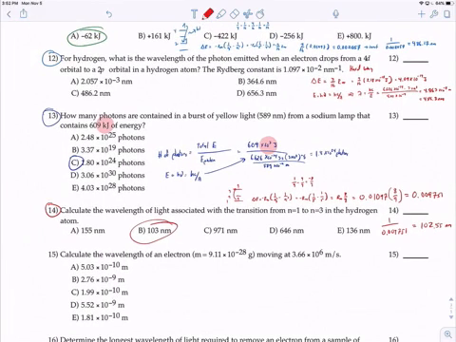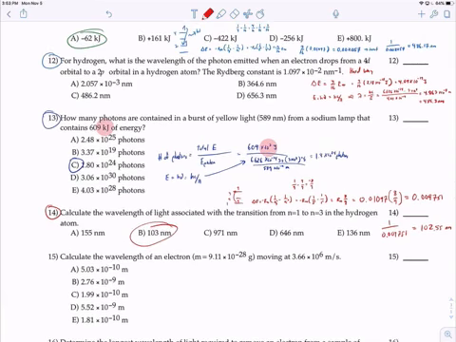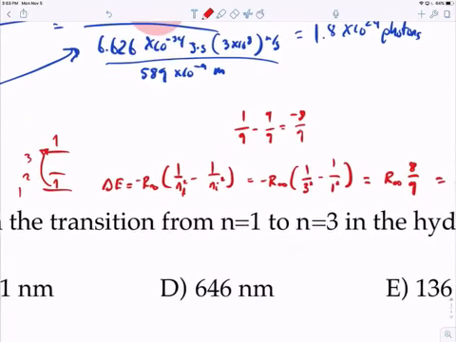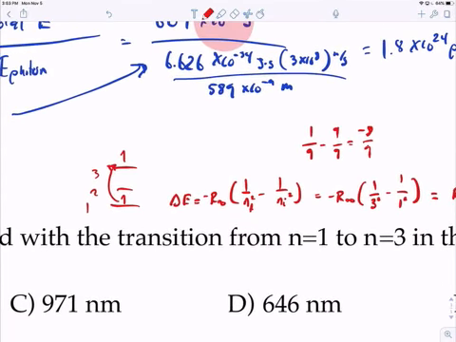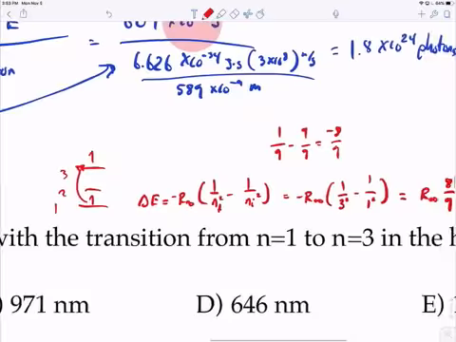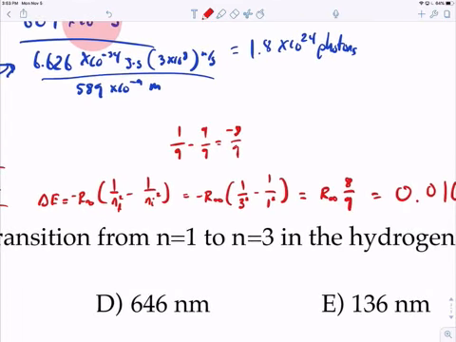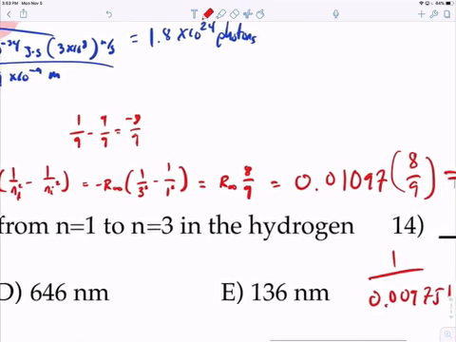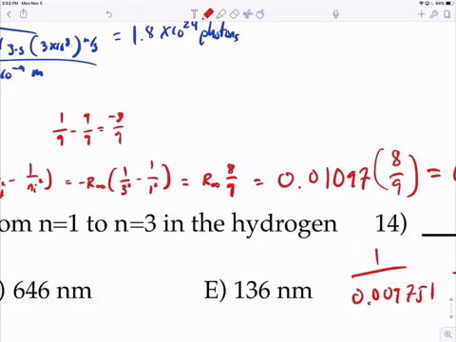So calculate the wavelength of light associated with the n equals 1 to n equals 3 transition of the hydrogen atom. So going from 1 to 3, delta E is Rydberg constant times 1/nF squared minus 1/nI squared. So 1/9 minus 1 is negative 8/9. So plug it in, the energy change is positive 8/9 Rydberg.